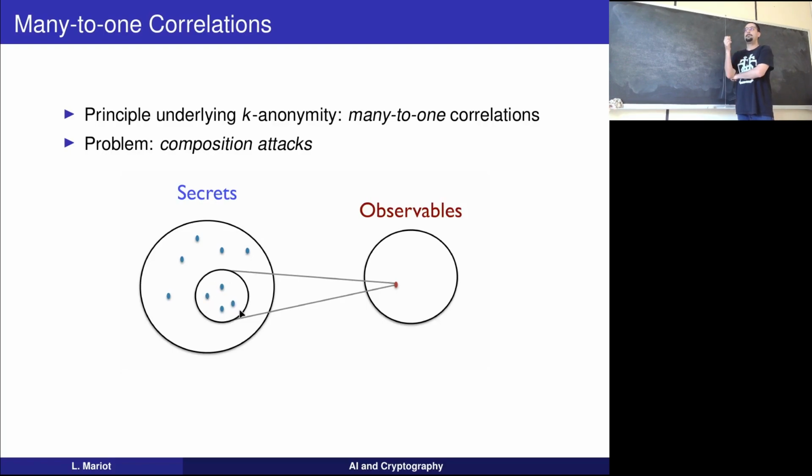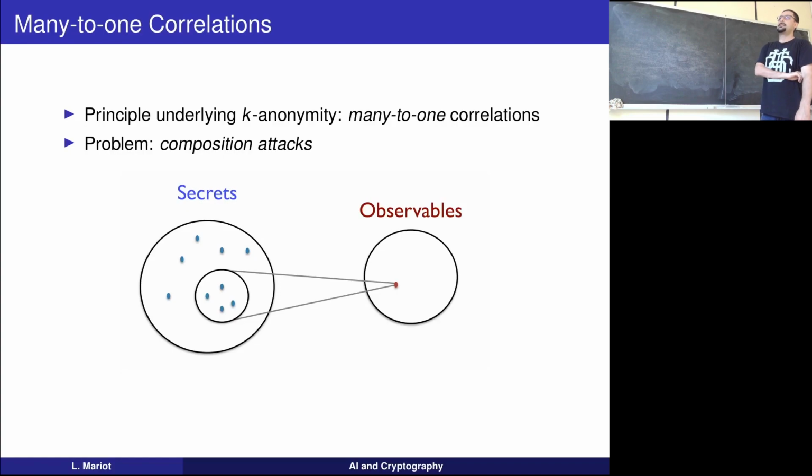And we want to map each of these secret values to a single observable value, something that is generalized, like an interval of age. The problem with this approach is composition attacks, because these mechanisms work in a deterministic way, so there is no randomization inside them.